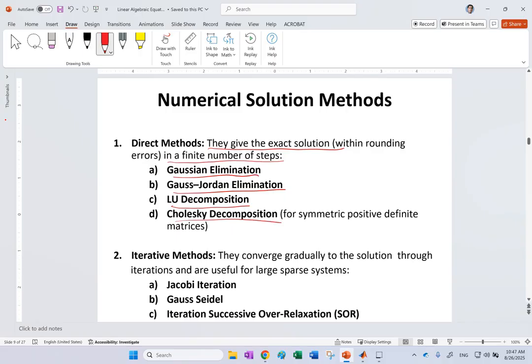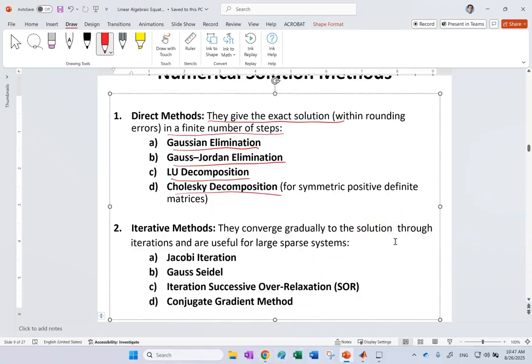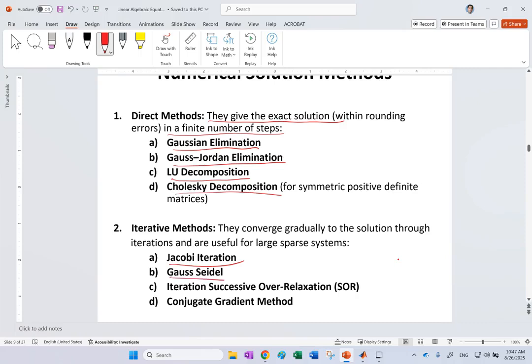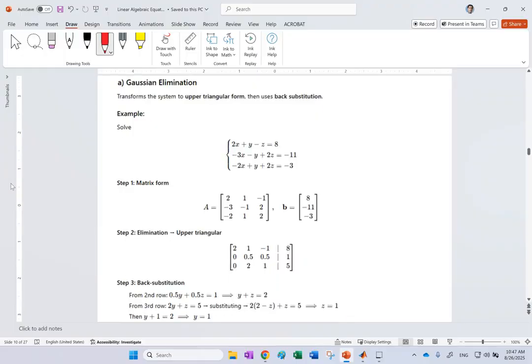In the next video, we are going to look at iterative methods, which need a loop to finally converge to the solution. They are really good when the number of equations and unknowns is very large. In the next video, we're going to look at Jacobi, Gauss-Seidel, then SOR, and conjugate gradient. So today let's focus on these four direct methods, which take only a few steps.